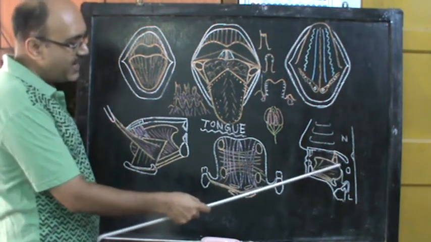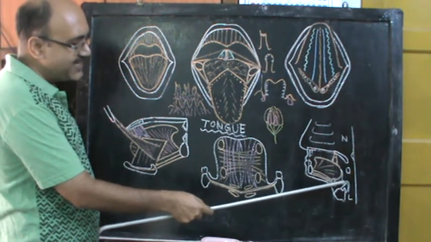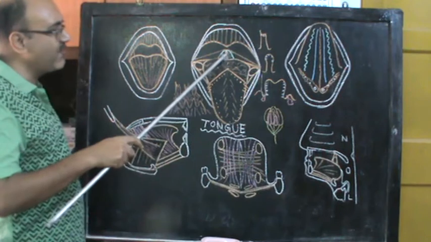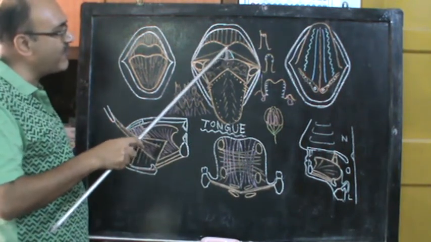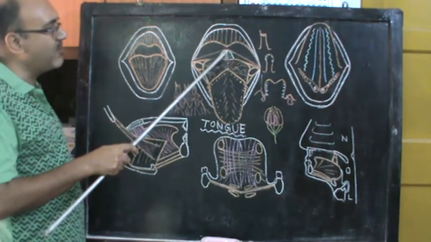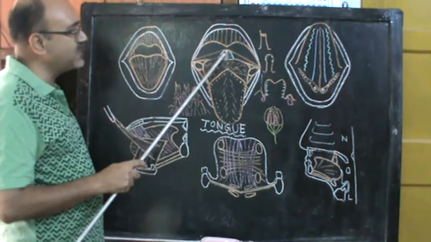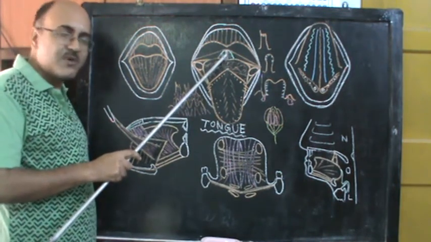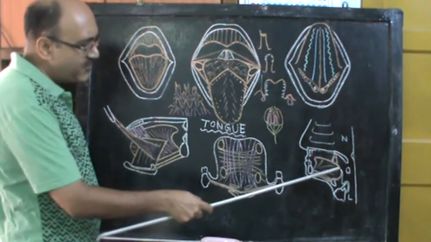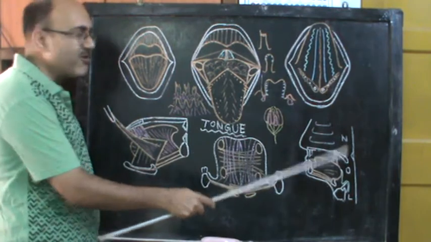Between the posterior 1/3 of the tongue and the epiglottis, there is a depression, and in this depression you have a fold of mucous membrane called the medial glossoepiglottic fold. So from the posterior 1/3 of the tongue to the epiglottis, you have the medial glossoepiglottic fold.